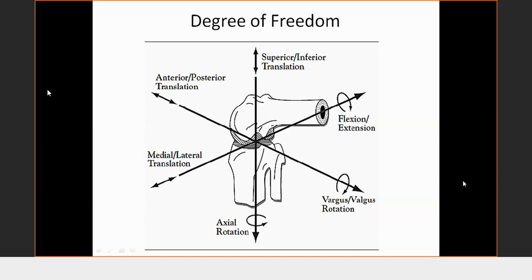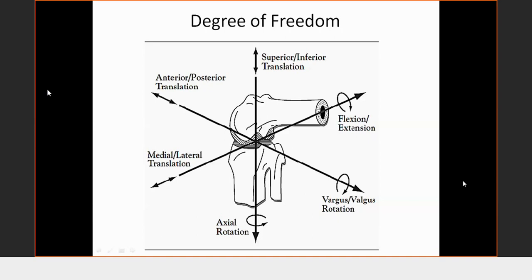And then another term when we are talking about the joint. The two articulating bones have articulating surfaces. Now you can see the articulating surface of this scapula and the articulating surface of the humerus. Both are articulating.